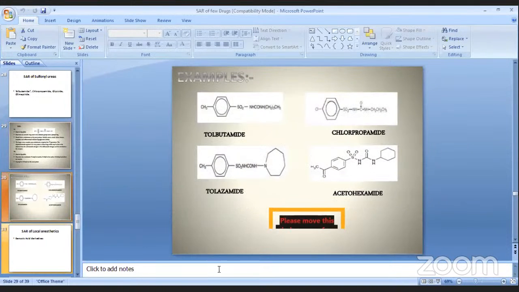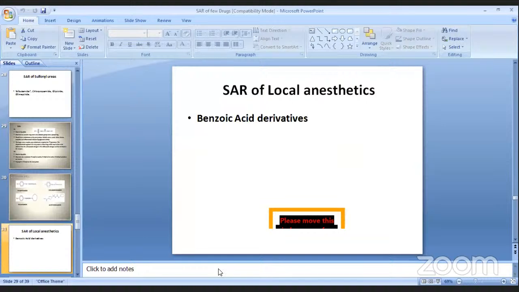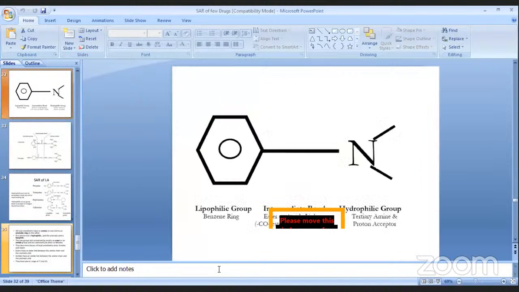The next category of drugs I am going to cover is benzoic acid derivatives. Already I have discussed this in a previous class; benzoic acid derivatives are local anesthetics, and your hemostasis sir has already discussed them. I am going to give a brief account.